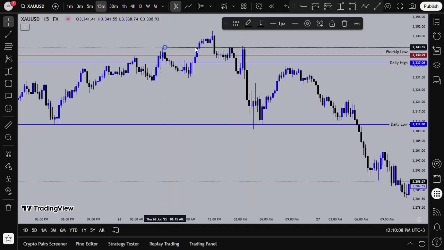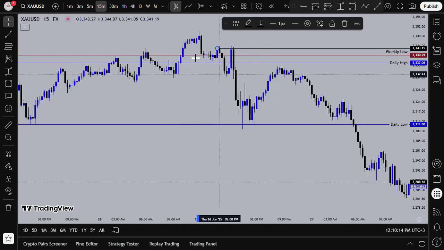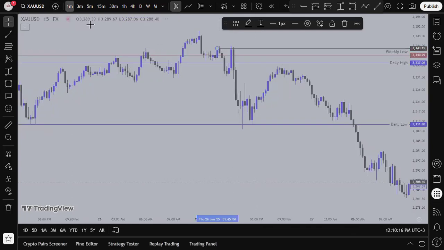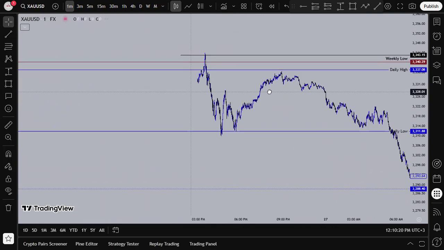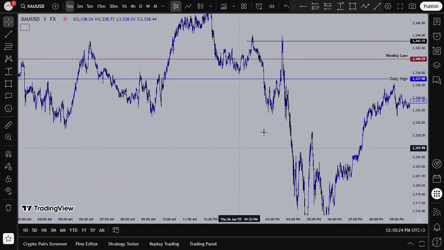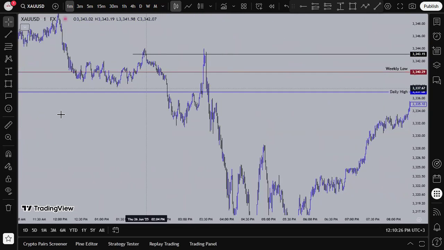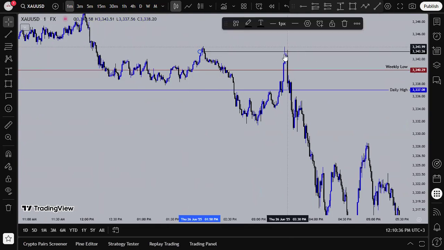For those who use levels, for example, I use levels a lot. This is my entry here. And if you go to the lower time frame, the 1 minute, you can find the entry there after the market breaks below here. You can see market break below and came to the last liquidated candle here, and that is my entry.